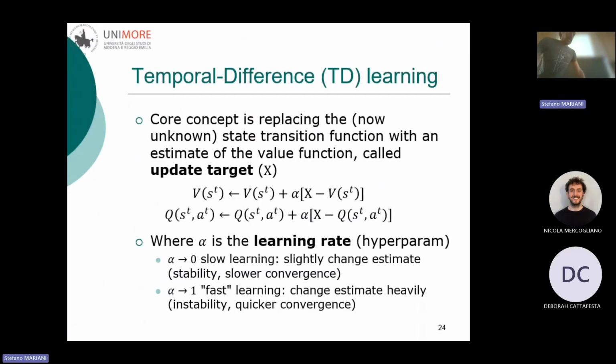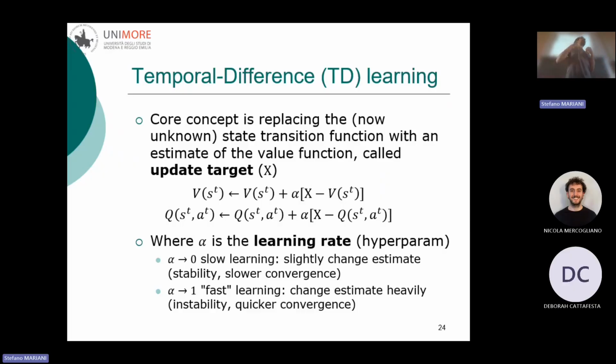So, what is the core issue in trying to devise a proper reinforcement learning algorithm? The issue that we already mentioned. We need to find a substitute for the transition function and the reward function. We don't know them. So we need to find something else to put in those formulas, basically. And in fact, the core concept of temporal difference learning, but in general, I would say of reinforcement learning, is to replace the state transition function with an estimate of the value function.